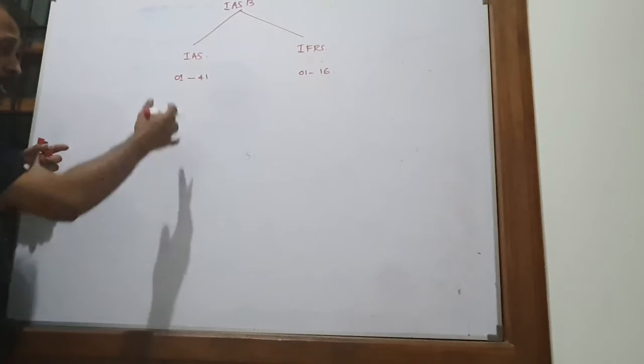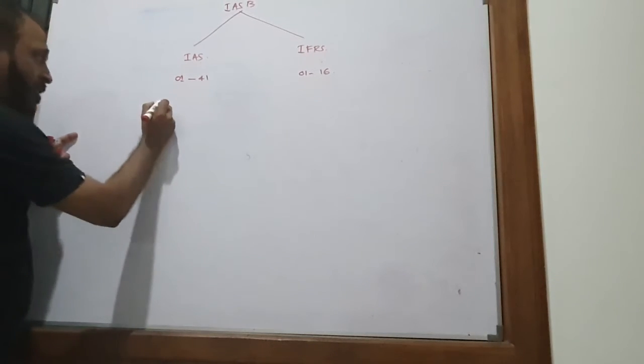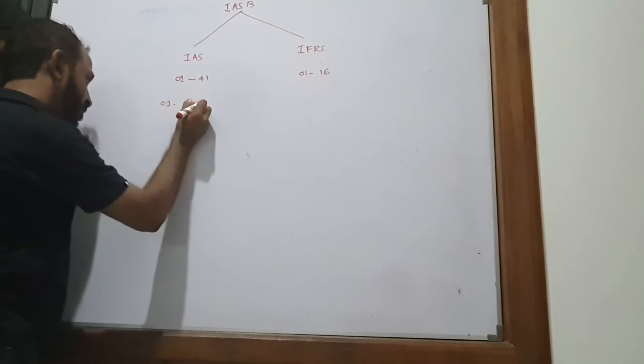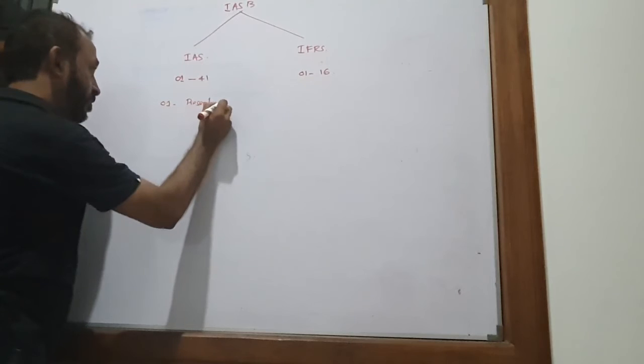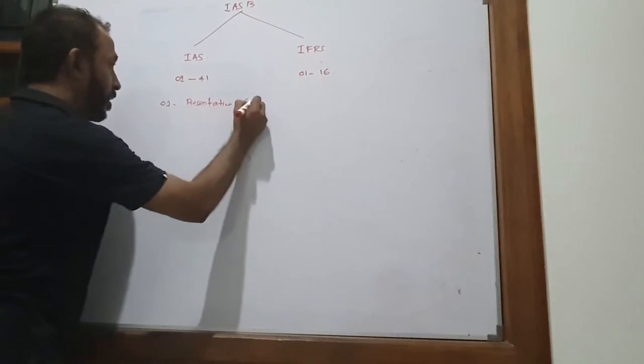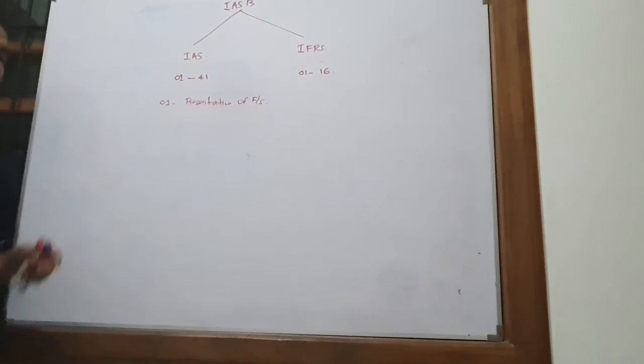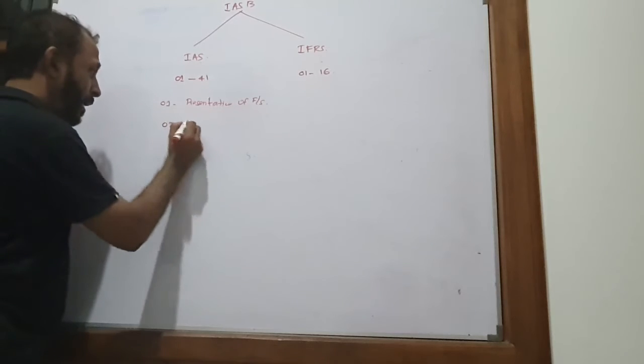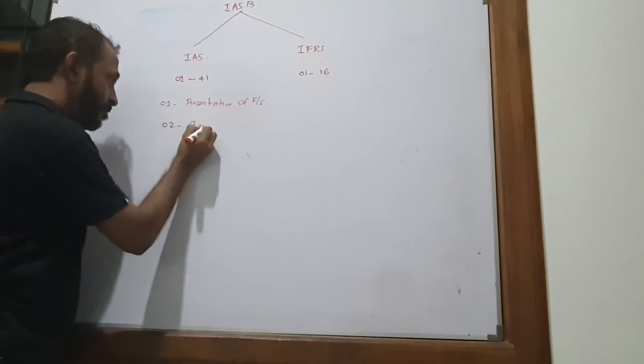Just to give some list of IAS, the first one is IAS 1, presentation of financial statements. That's the very first standard that we will be discussing in the forthcoming sessions. The second one is accounting for inventory.